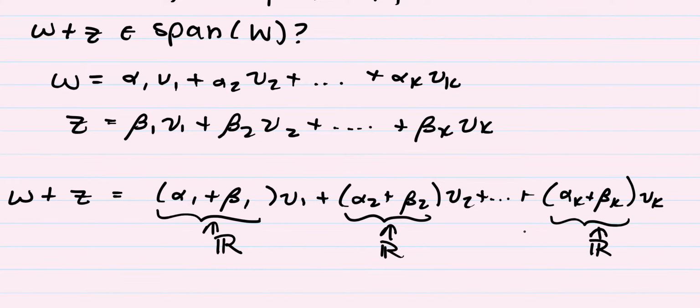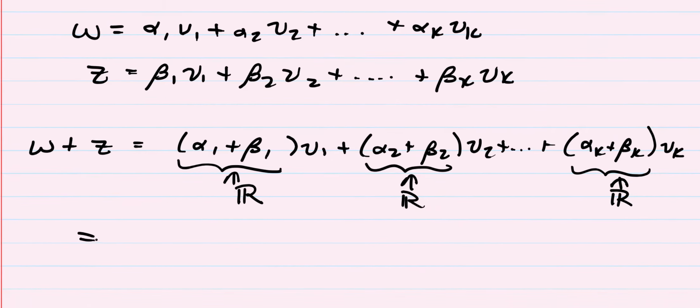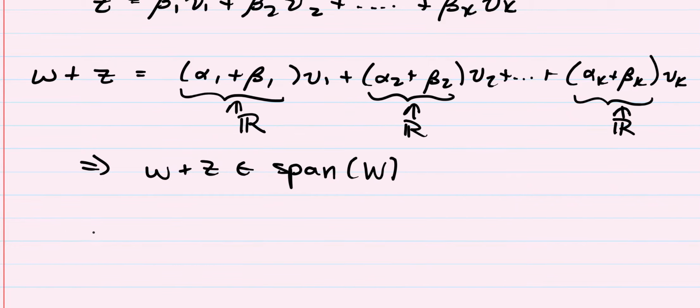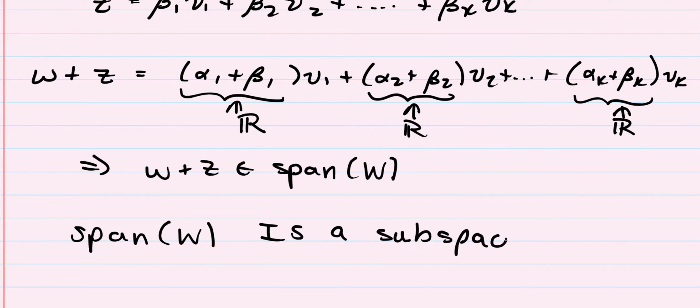And here we have a linear combination of the vectors in W. So this implies W plus Z belongs to the span of W. And so our final conclusion is that the span of W is a subspace of V.